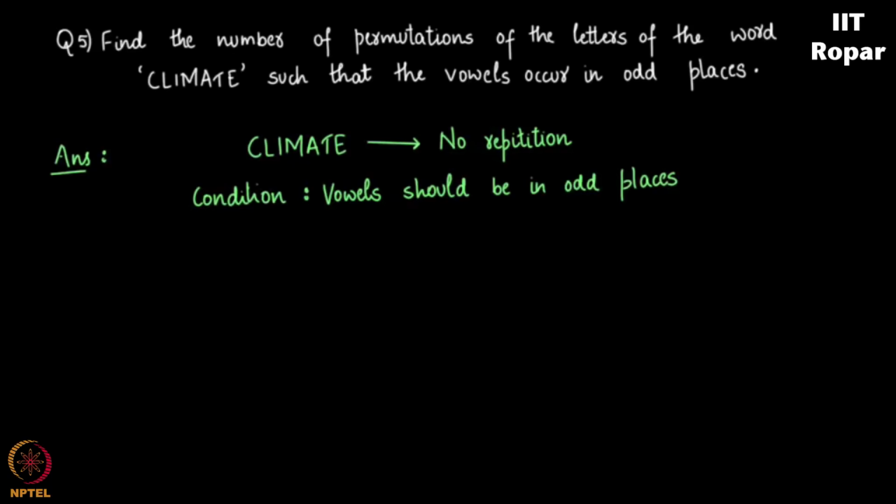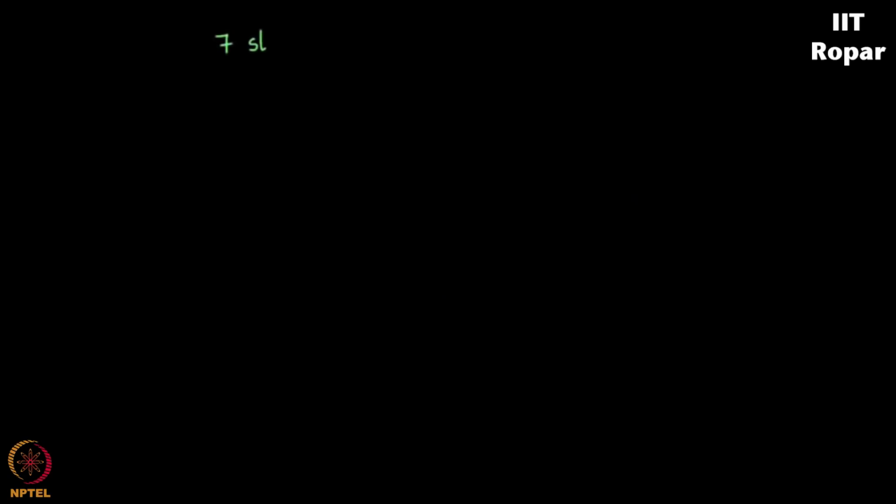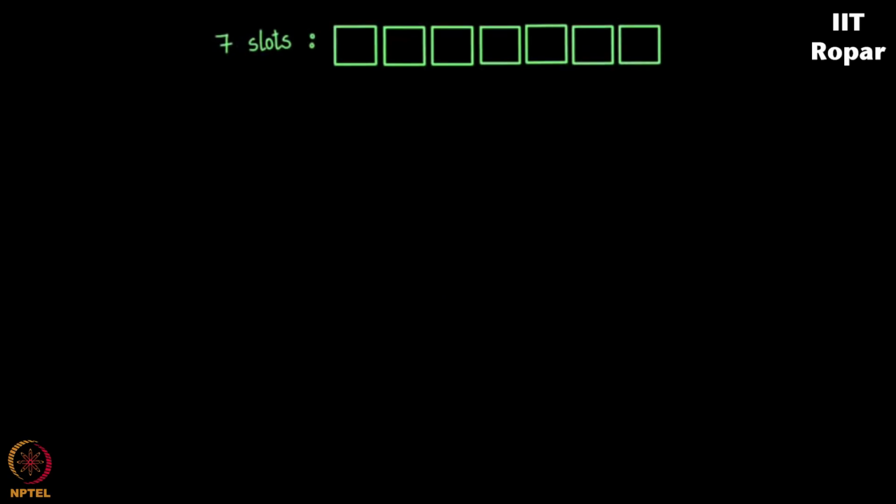So we see that the word climate has 4 consonants C, L, M and T and 3 vowels I, A and E.